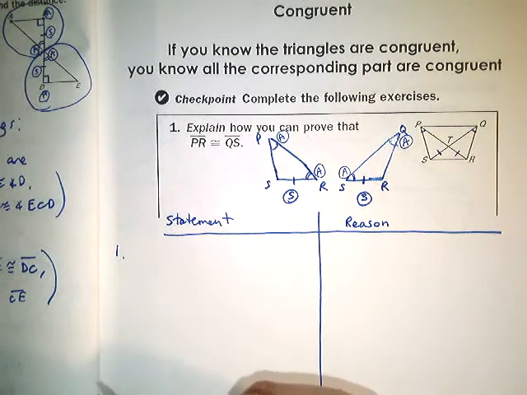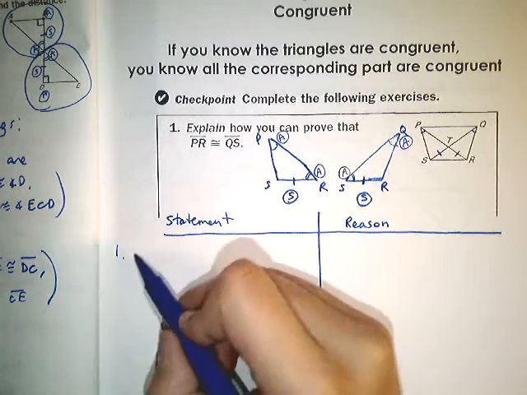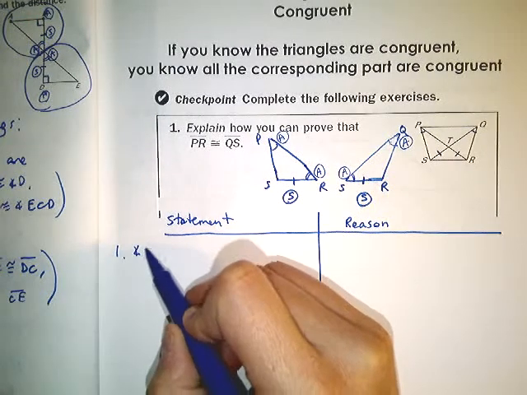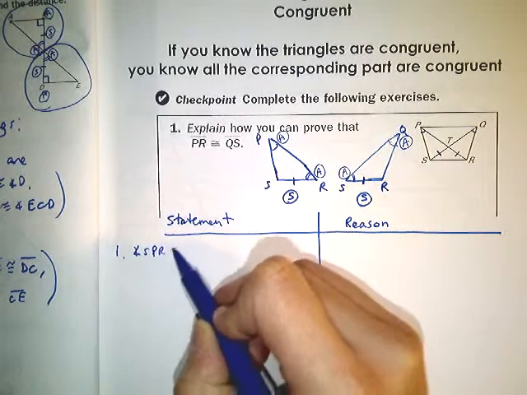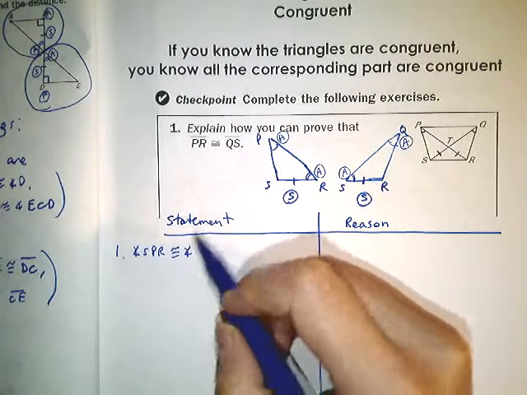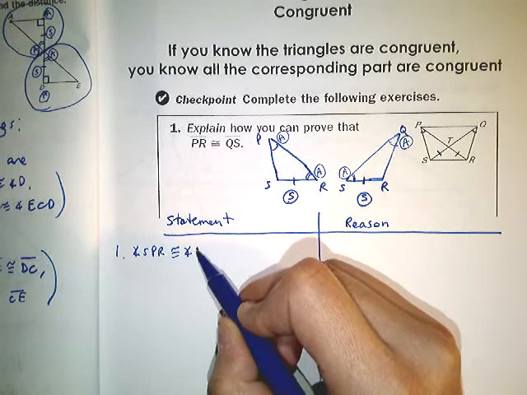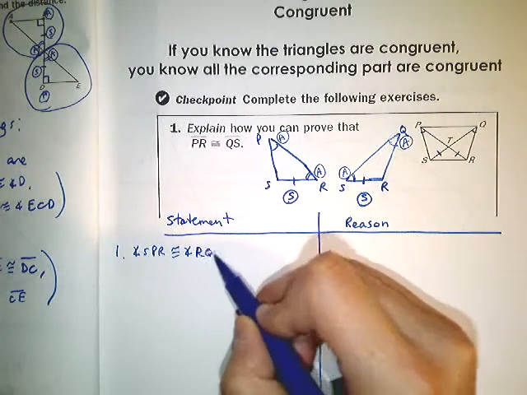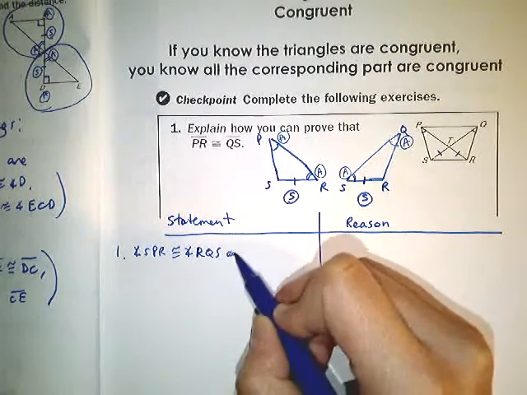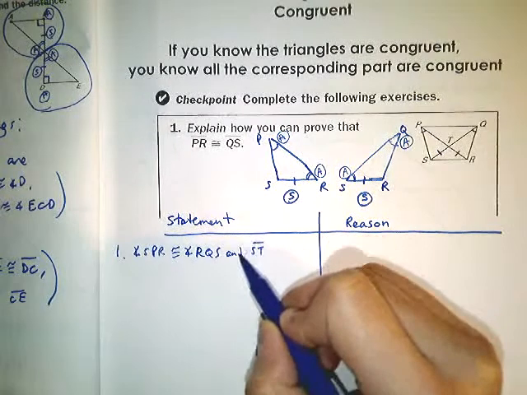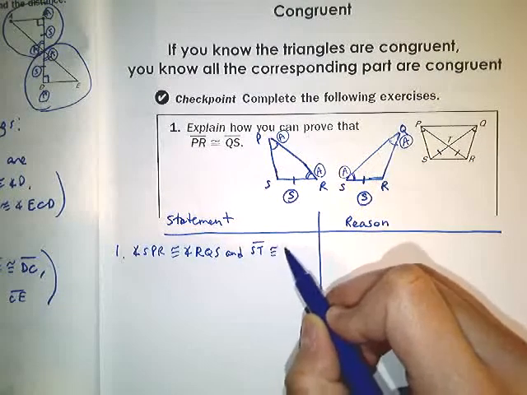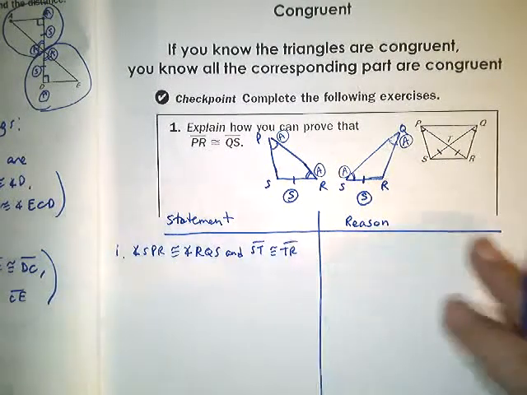Okay, so they gave us angle SPR congruent with angle RQS, and line segment ST is congruent to line segment TR.